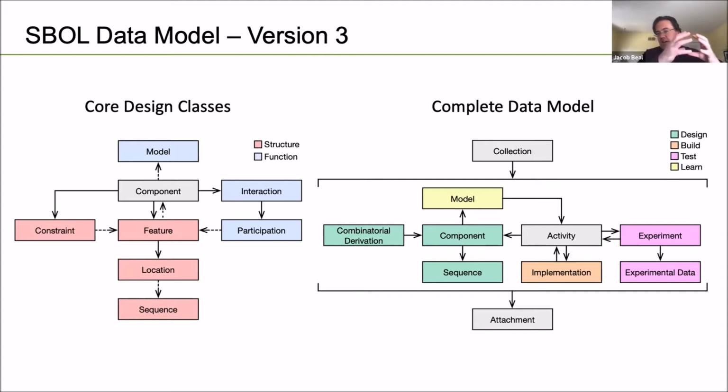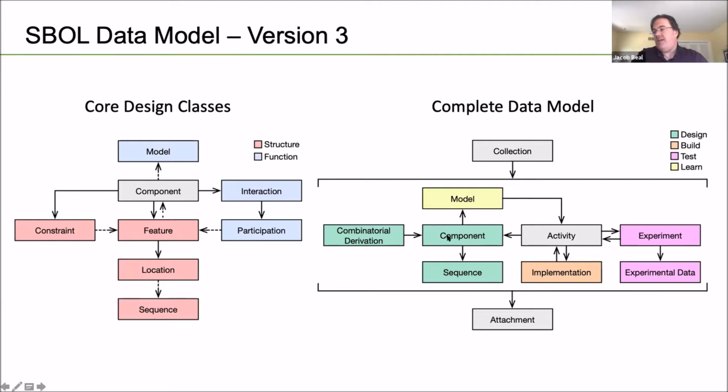So component is the source of most nouns. If a description of a thing in a lab is going to be a component. And we're going to have these blue classes talk about the functional nature of that component, what it does. And the red classes are going to talk about the structural nature, what it's composed of.